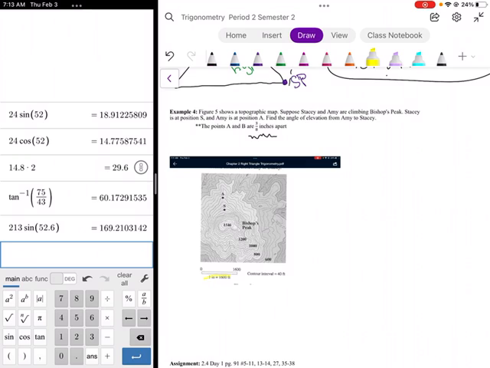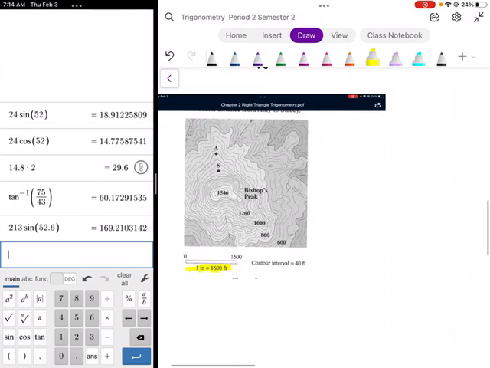And also, they tell us that the contour interval is 40 feet. So what that means is the distance going up and down between each line here is 40 feet. So the elevation between Amy and Stacy is 1, 2, 3 different lines. So going up and down for the elevation, we would take 40 times 3, which is going to be 120.